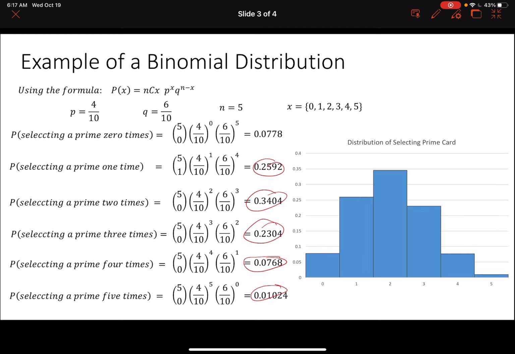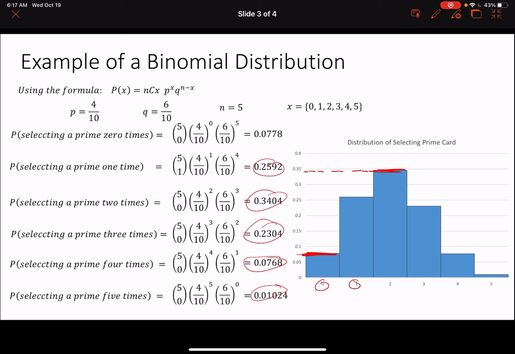And if we were to graph these values, we put our number of successes here, the probability over here, and the probability of getting it 0 times is less than 1%. Or sorry, what would I say? Yeah, 7% or 8% right here. Probability of getting it 2 times is just under 35%, etc., etc.